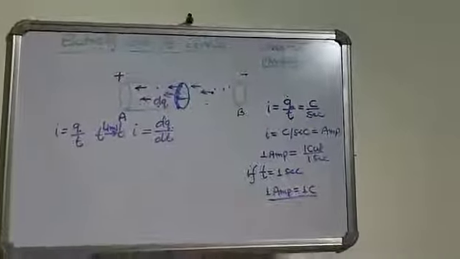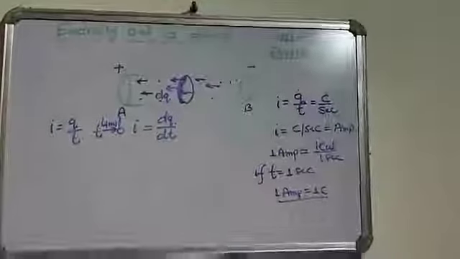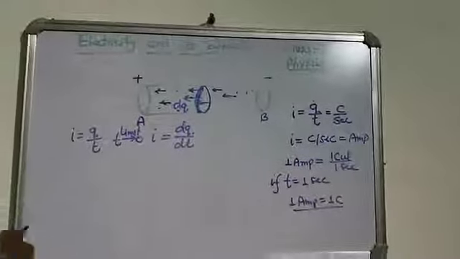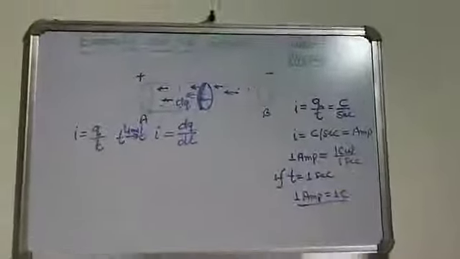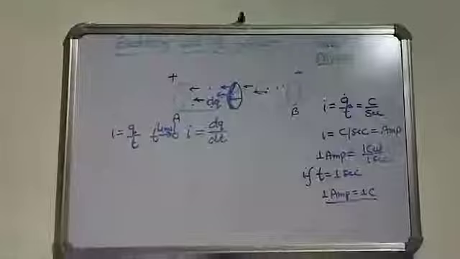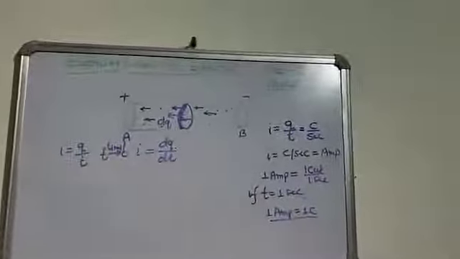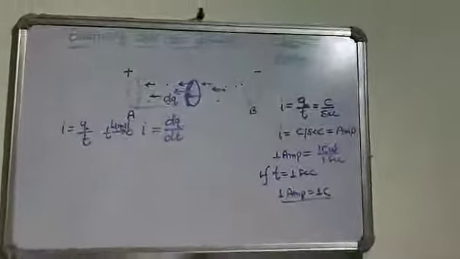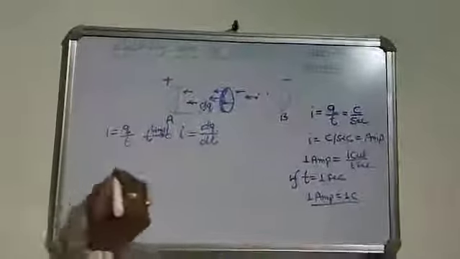Next topic is potential. We have to take here one example. In household electricity, the total current passing in household electricity is 5 ampere in a single phase. So how many electrons pass through the wire in 1 second? We can calculate.